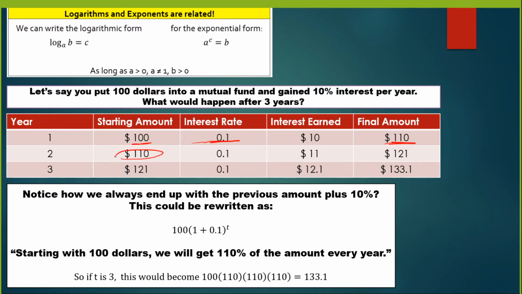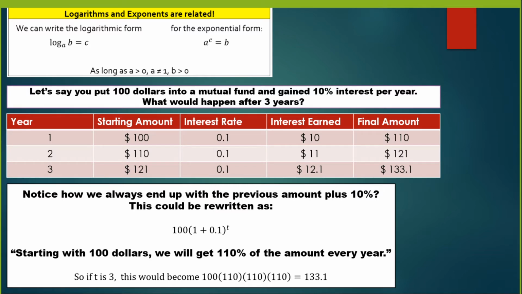For the second year, we have $110 in the account at the start. 10% of 110 is $11, so you end up with more than just the $10 that you originally had. So this keeps going. Each year, that 10% is going to be worth more and more, and you'll keep adding more and more to your account. Now I'm adding 12.1 for my interest instead.